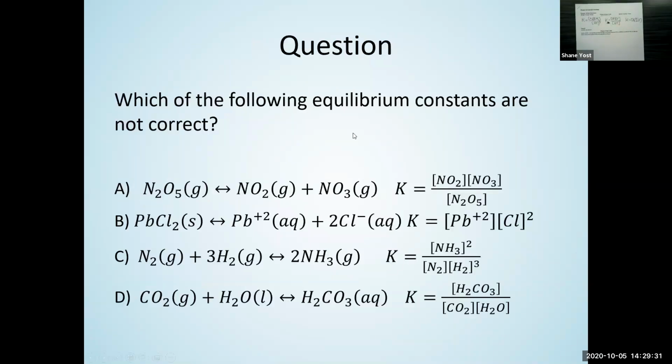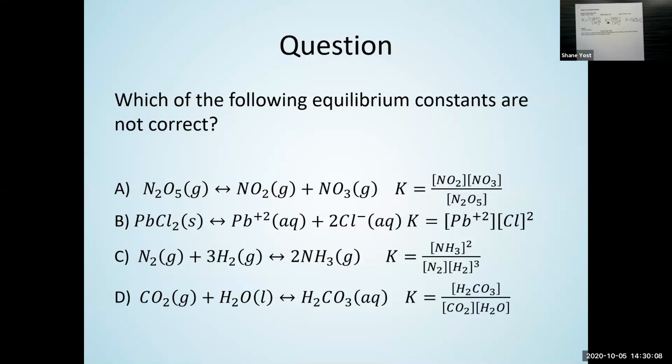All right. So I'll have one here for you. Which of the following equilibrium constants are not correct, given the corresponding equilibrium reaction? So people are saying D here, and why is D not correct?